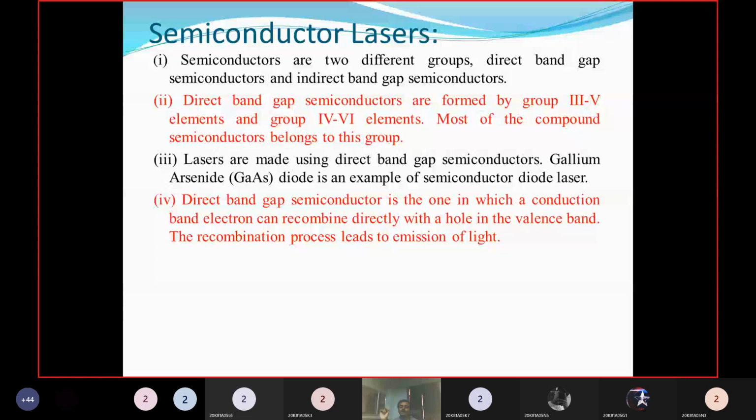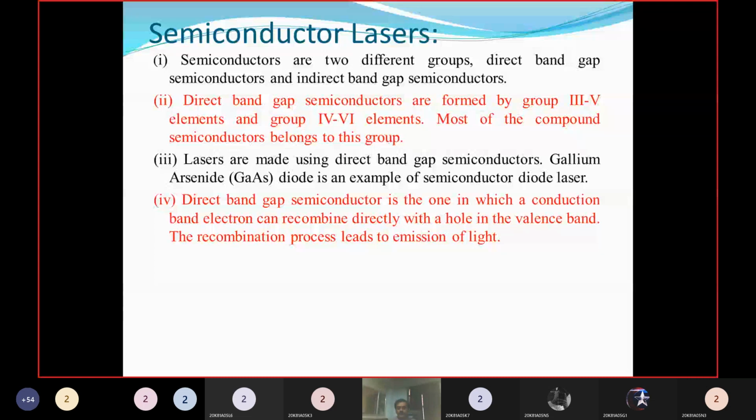Compound semiconductors are prepared by a combination of third group and fifth group elements, and fourth group and sixth group elements.